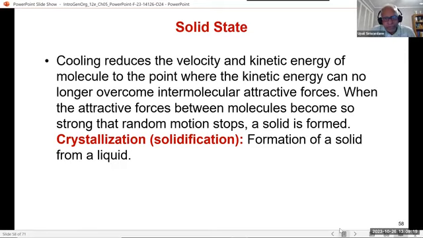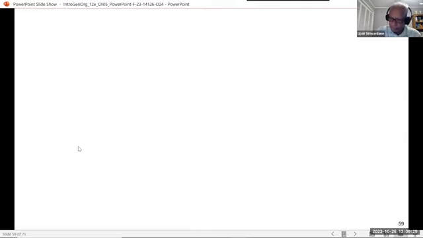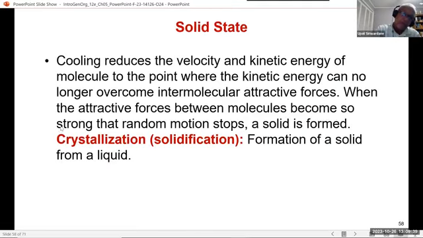We also use the term crystallization. Crystallization is when the crystals are formed. Normally, most of the time, when a solid is formed, crystals are formed.